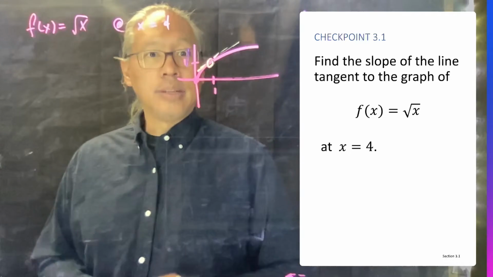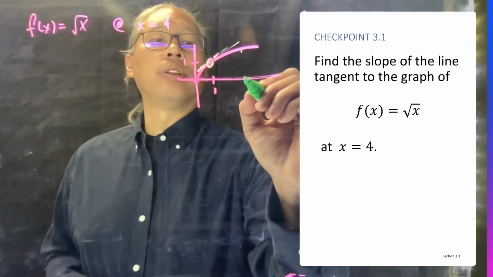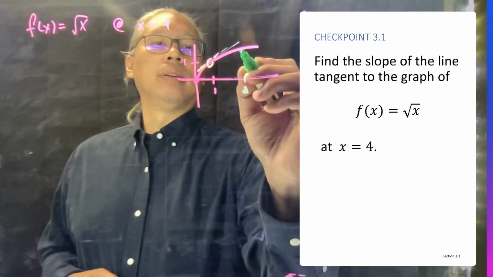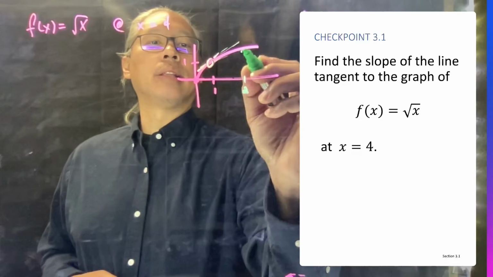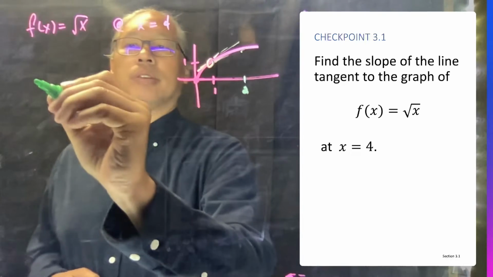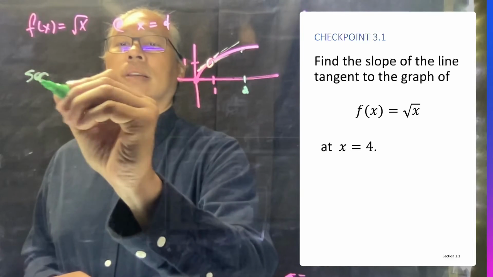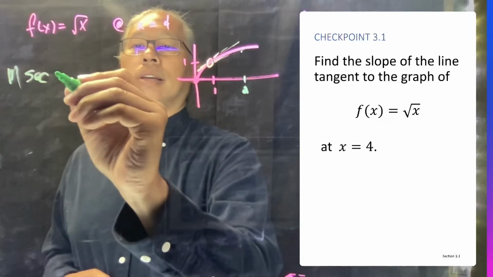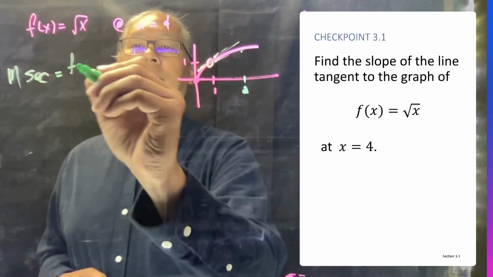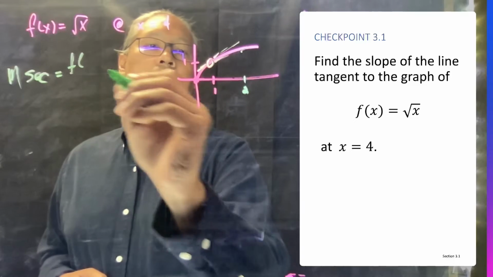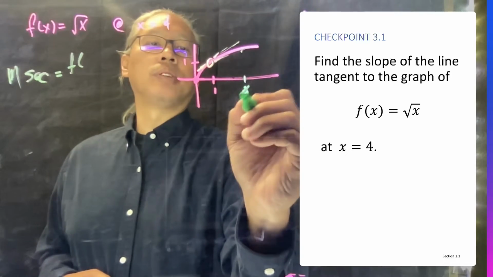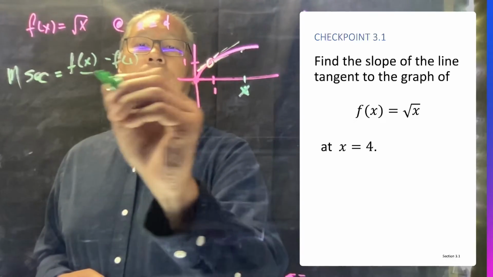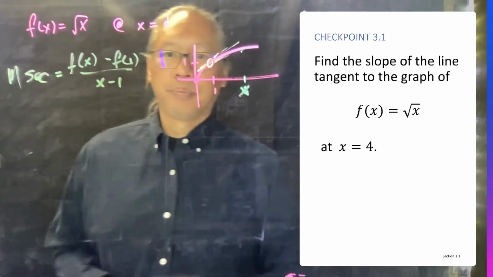What we can do is to find another point here. We'll call it A, and find the slope of the secant line. So the slope of the secant line is going to be, let's call it m sub sec for secant, f of x, we'll just call it some random x, minus f of 1 divided by x minus 1.